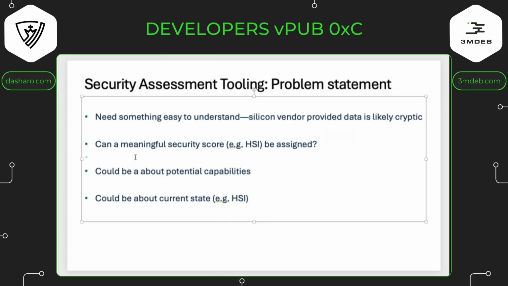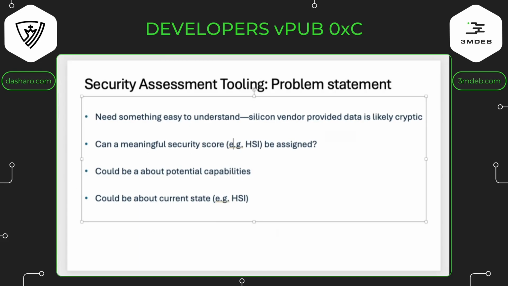I think this could be problematic. I think it's potentially useful, but is it misleading to assign one number? And can that give you false confidence about the state of a system? That's one question we have: can we assign a meaningful number? And then, looking at capabilities as well as current state.